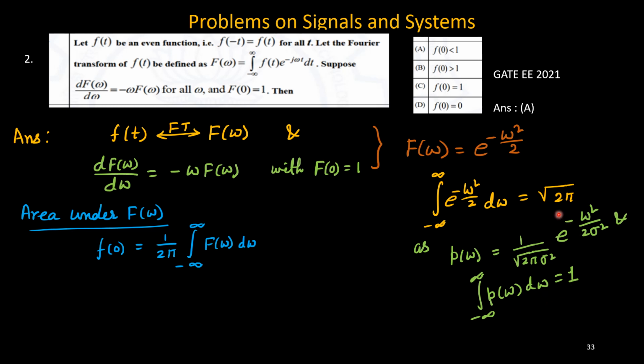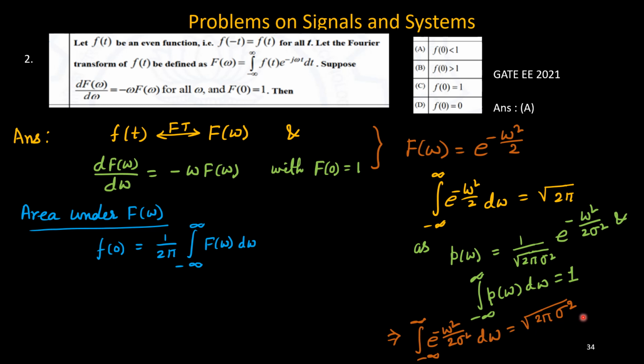Okay, so for the area under this, this integration is 1, and on the right side, obviously this integral should equal square root 2 pi sigma square. So the integration of e to the power minus omega square upon 2 sigma square d omega is square root 2 pi sigma square.